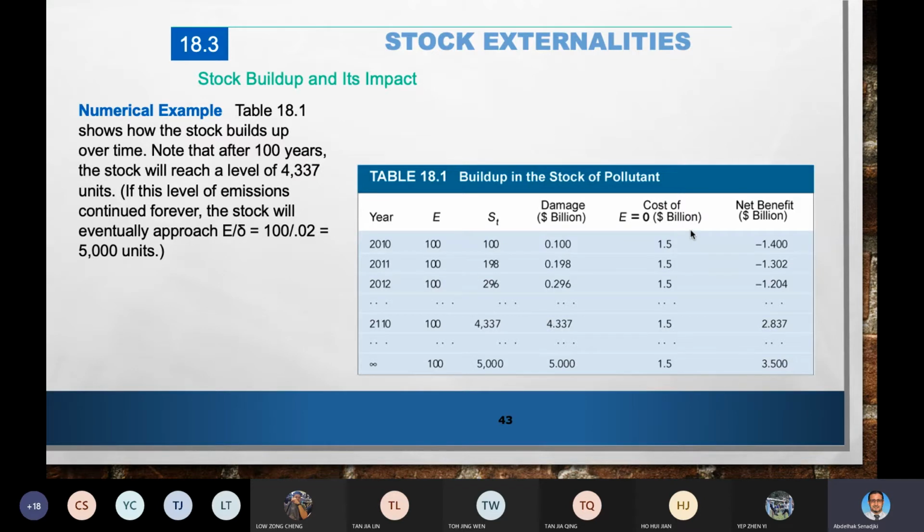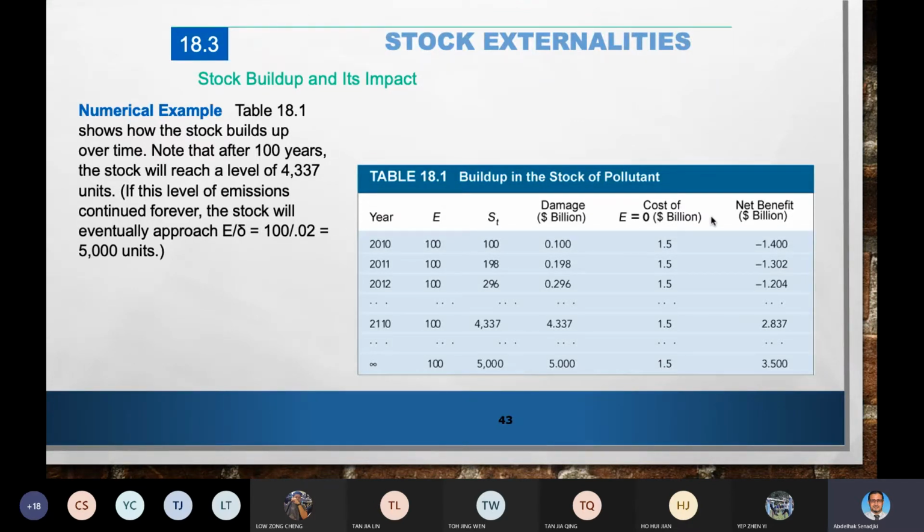If the emission were reduced to 0 starting immediately here, then the stock of pollutant would likewise be equal to 0 over the entire 100 years. From here to here will be 0, because every time we are going to reduce this emission or pollution, we will have 0 stock.